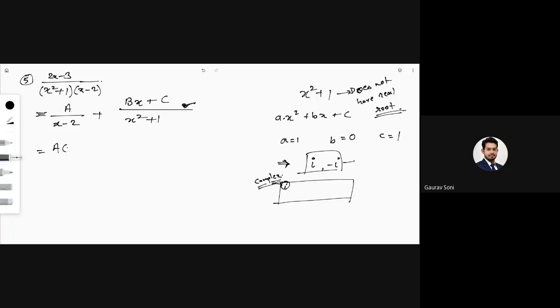So we will have a into x square plus 1 plus bx plus c into x minus 2, and the denominator will be x minus 2 into x square plus 1.